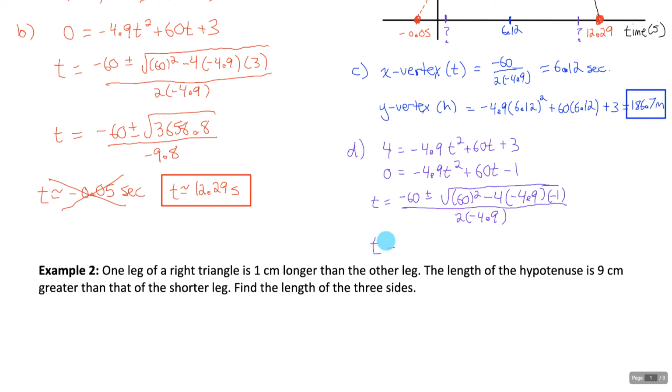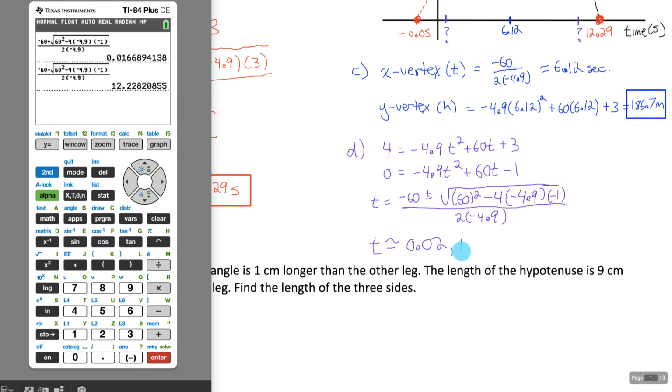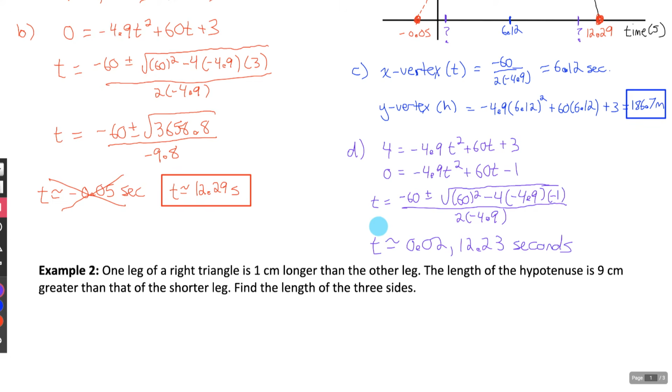We can get the first answer by doing negative 60 plus that whole square root, all divided by negative 9.8. And I can get my second answer by doing negative 60 minus that whole square root, divided by negative 9.8. And my 2 answers for time are approximately 0.02 and 12.23 seconds.